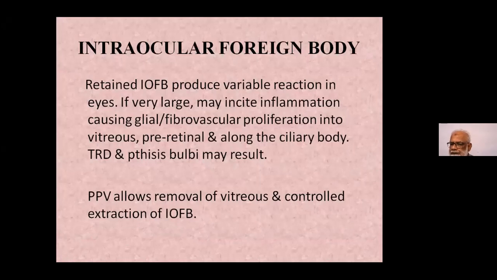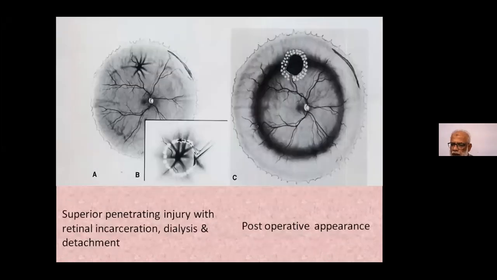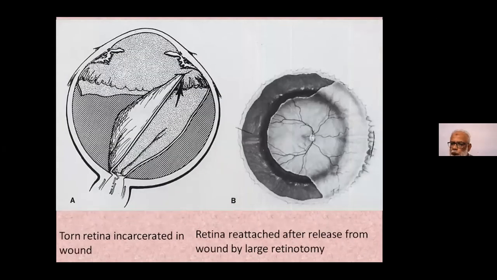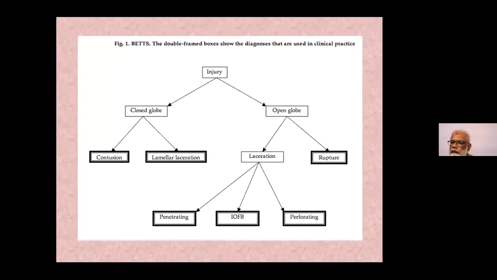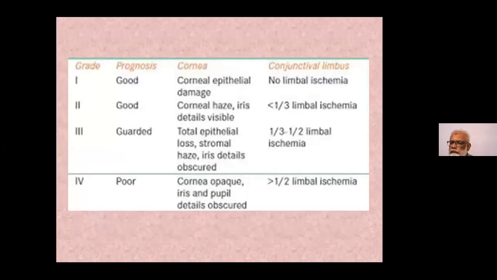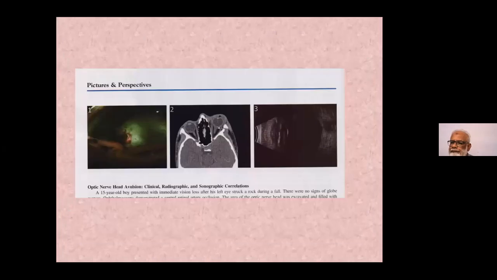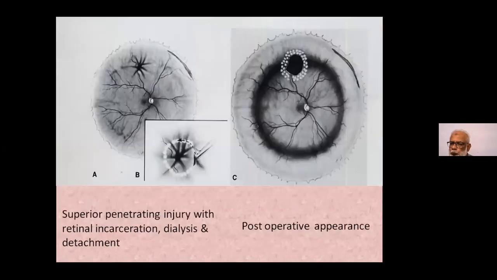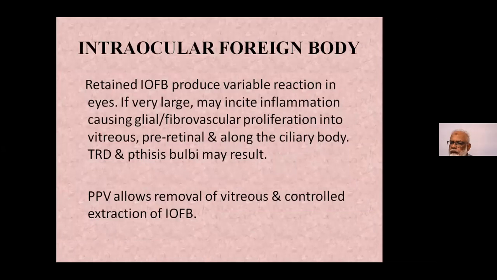Foreign bodies, the important types of foreign bodies. The most important foreign bodies would be iron and copper.